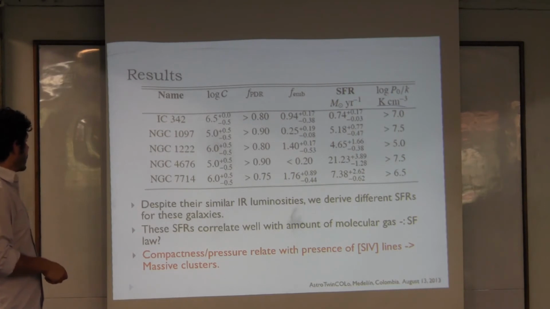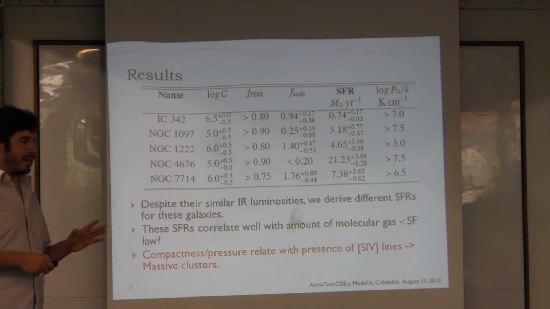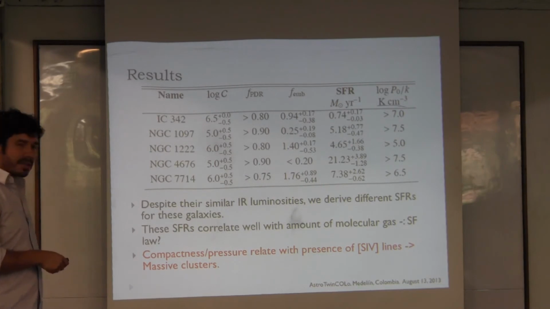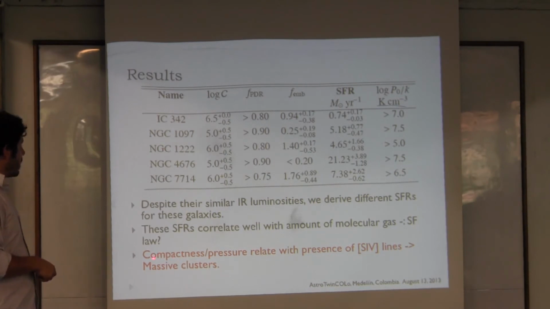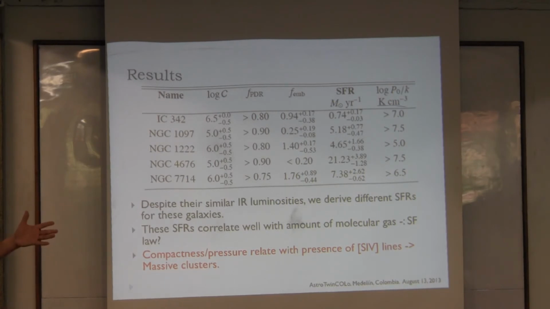And since the systems that had that particular correlation, which indicated that the clusters were more massive, were also the systems that had stronger emission lines, we thought, and this was a little bit of speculation, that maybe those systems are forming more massive clusters. And that brings me back to the discussion of whether or not the compactness issue has to do also with mass variations of the clusters.